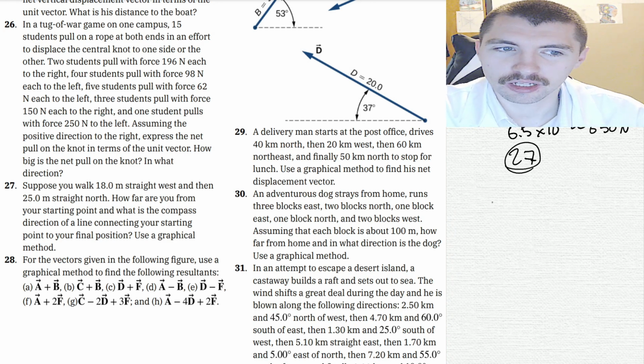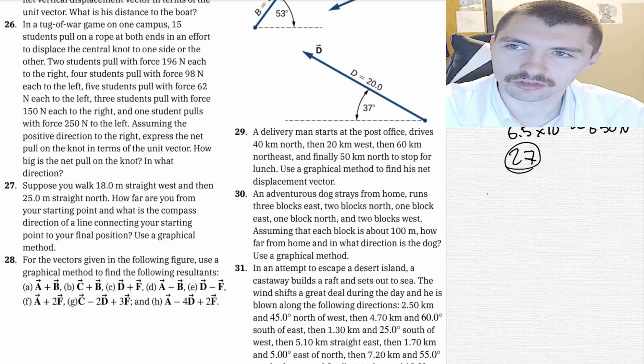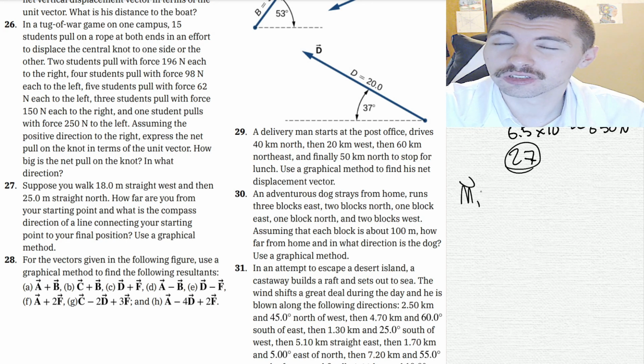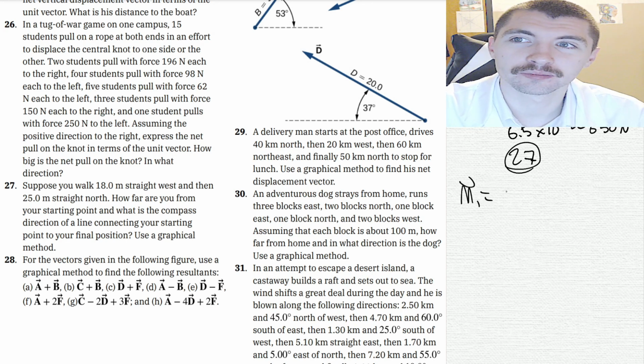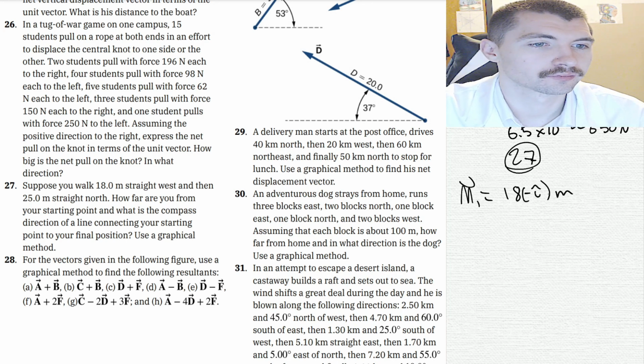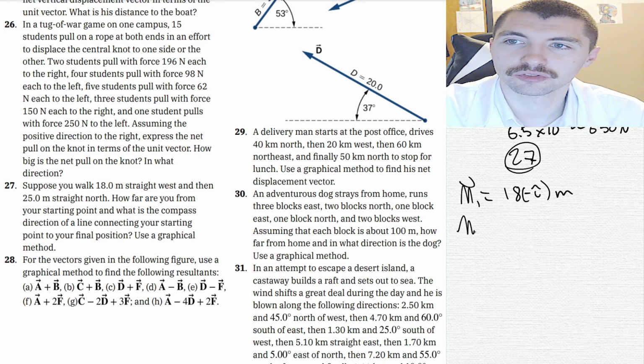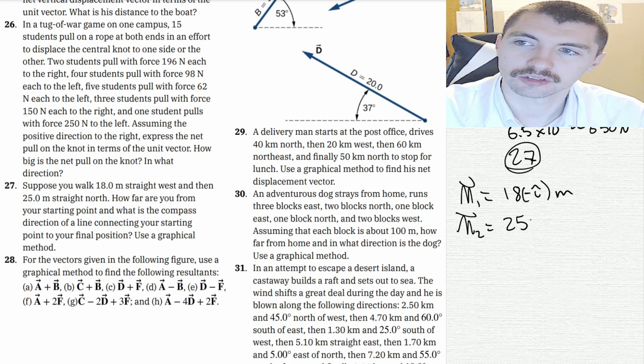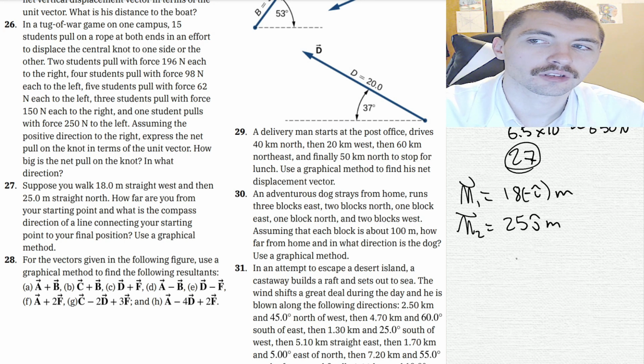27. Suppose you walk 8 meters straight west. So your first move is going to be 8 negative I. And your second move is 25 J meters.